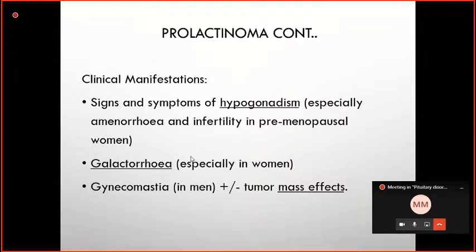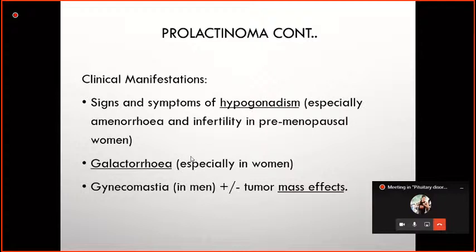Clinical manifestation: the patient can come with hypogonadism, galactorrhea, and tumor mass effect. In men, they don't come with galactorrhea, but they come with gynecomastia instead. What is gynecomastia? Enlargement of the size of the breast.